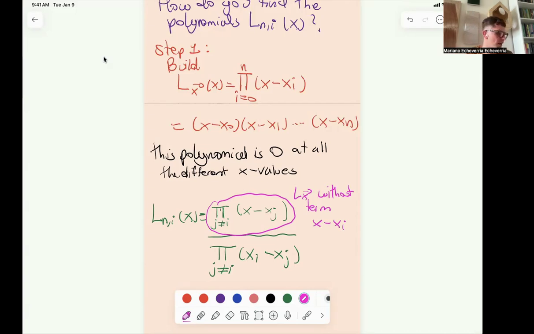I'm about to do an example with 4 points so that you see it more concretely. It takes some time to get used to all this notation, but you don't have to think about it in terms of the notation. If you understand the procedure, it's actually not too bad to find them.